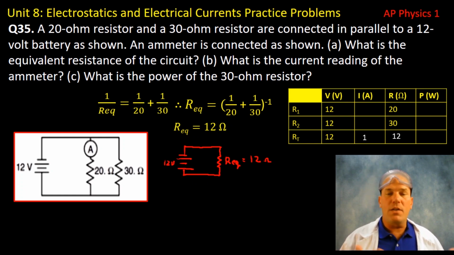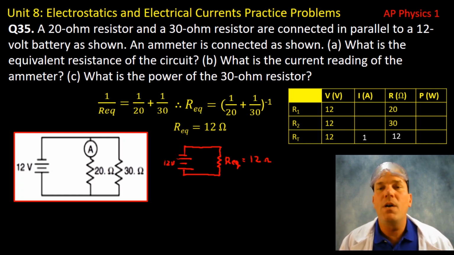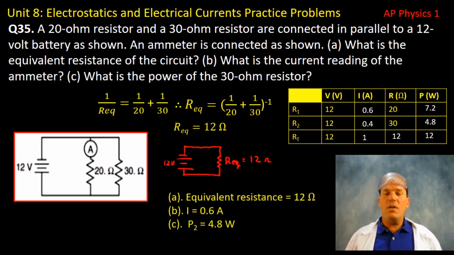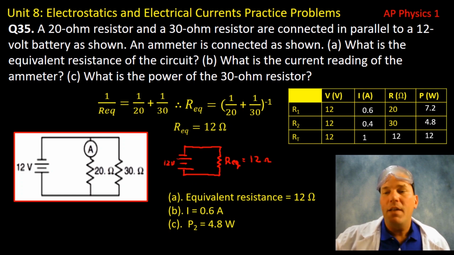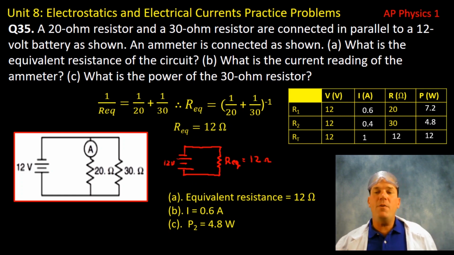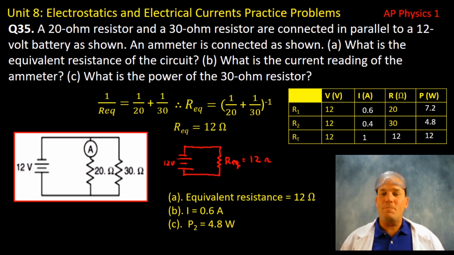which means you can calculate the current for the entire circuit to be 12 divided by 12, or 1, which then means you can go through and find the individual currents, because we know the voltage and we know the resistance. Using Ohm's law, we can find current 1 to be 0.6 amps, current 2 to be 0.4 amps.